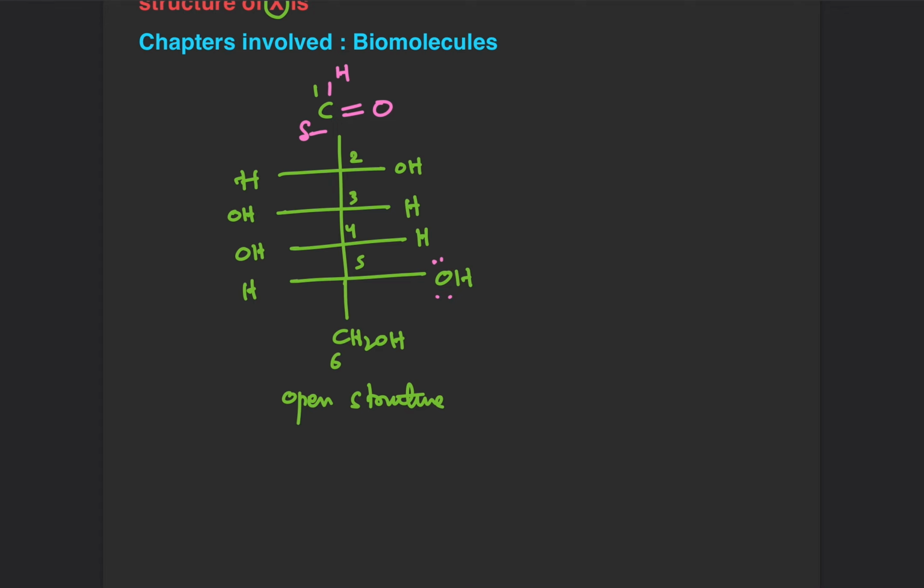So there will be partial positive charge here, there will be partial negative charge here. And these electron pairs will be donated to this carbonyl carbon. In that process, oxygen will take away these electron pair, and then this hydrogen is donated to this oxygen. Okay, so showing everything by arrows.